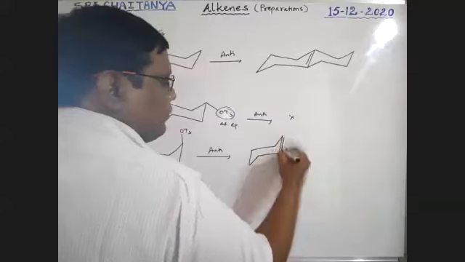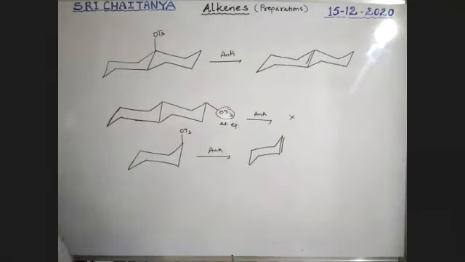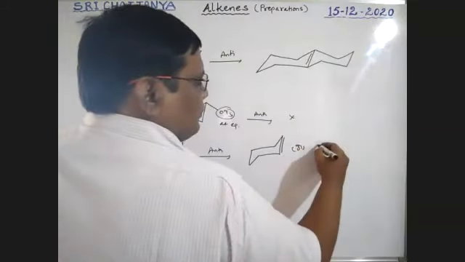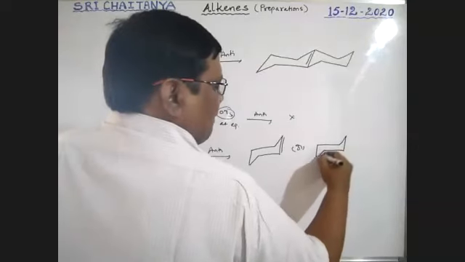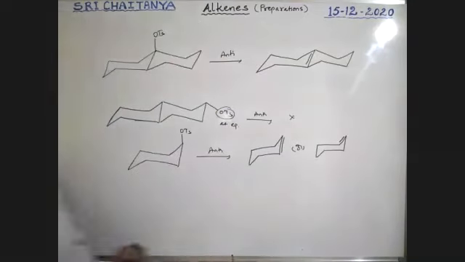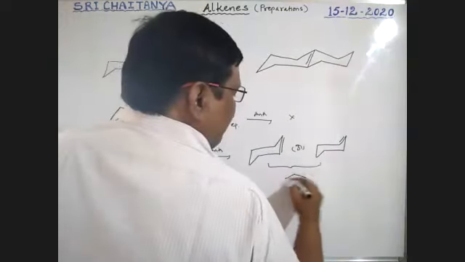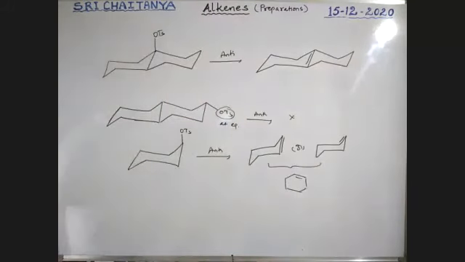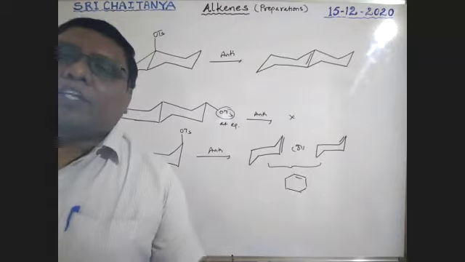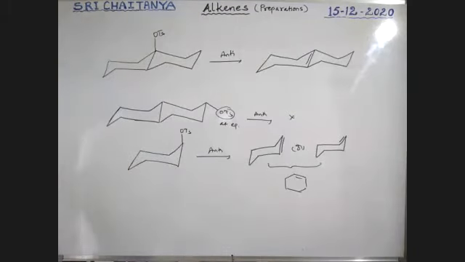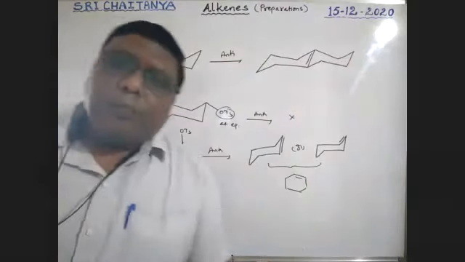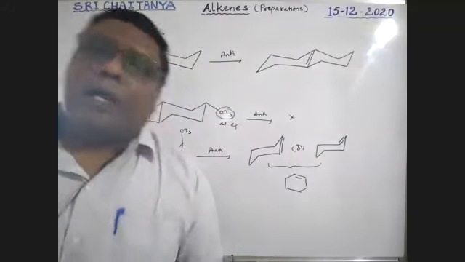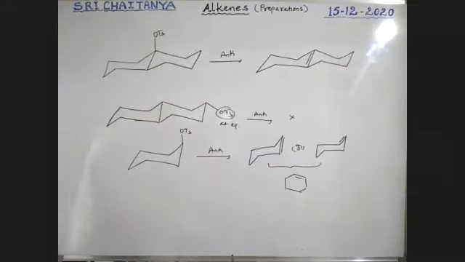Here, double bond, or both are the same ene. These two are nothing but this one. So this is the way to explain anti-elimination and dehydrohalogenation, boys.